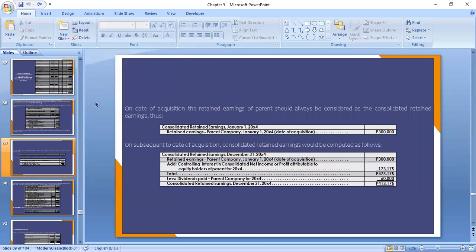So we have now the consolidated retained earnings with retained earnings of the parent, and we are now adding the controlling interest of the parent, and after adding that we deduct dividends paid.